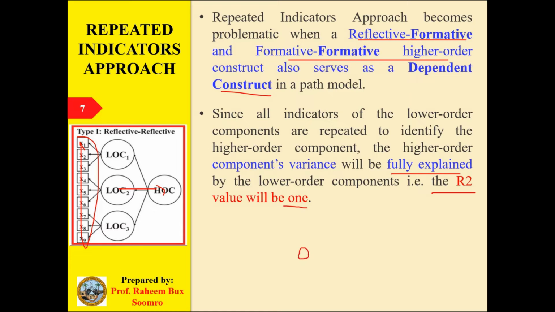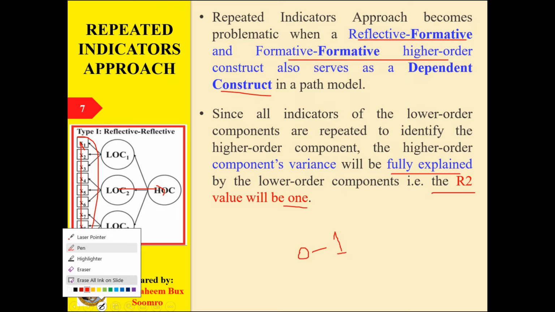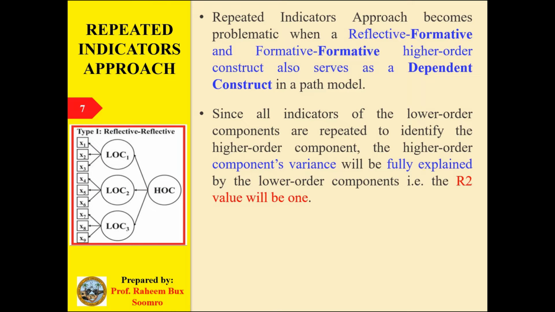For example, the range of the R square starts from 0 and ends at 1. So when it is fully explained, our R square is 1. That means there is no further room in the model to add another subdimension, because the model has already been fully explained by the subdimensions.